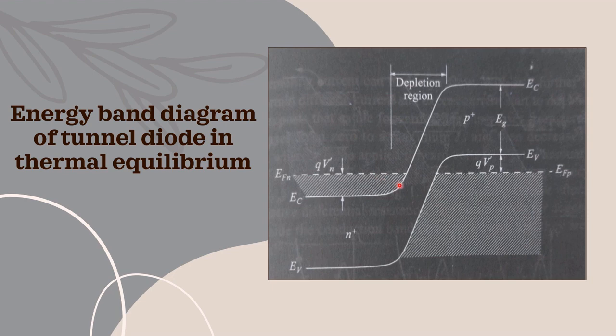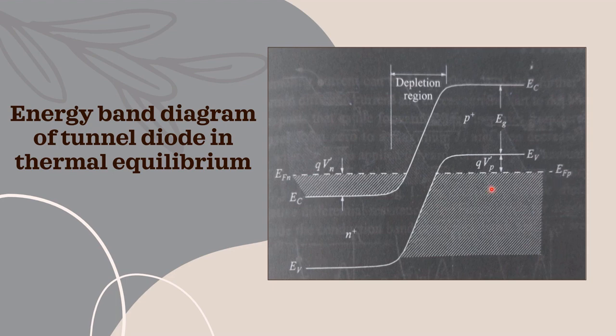Since the doping is very high, the Fermi level lies within the band of the semiconductor at absolute zero temperature. In the absence of any bias voltage, the Fermi level EF is represented as EFN on the N side, and on the P side it is represented as EFP.